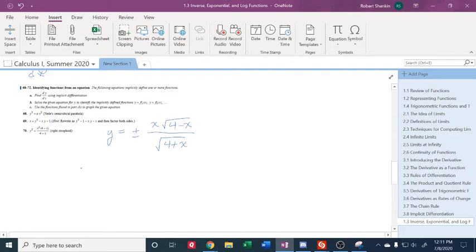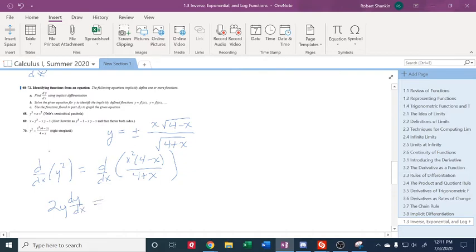This one, I might do by using the quotient rule here. So if I did d dx of y squared equals d dx of the whole right hand side, then I'm going to get 2y dy dx.